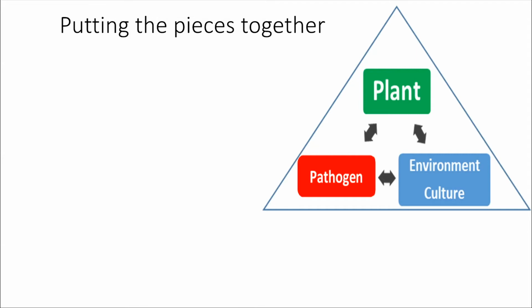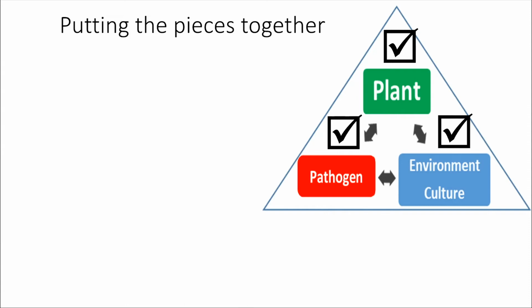And the easiest way to prevent that is to eliminate one of those factors, or apply a fungicide, which basically will break the plant, environment and pathogen triangle so that you don't end up with the disease taking off.